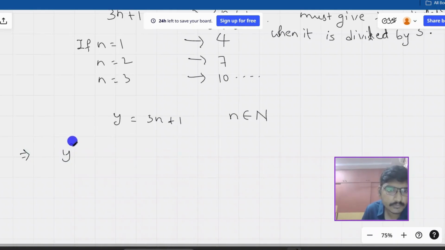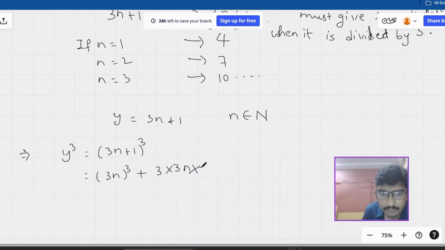Let's do y cube. It becomes 3n plus 1 whole cube, right? After that we are doing 3n whole cube, that is a cube, plus 3 into a, that is 3n, into b, that is 1, and 3n plus 1, that is a plus b, plus b cube is 1 cube.